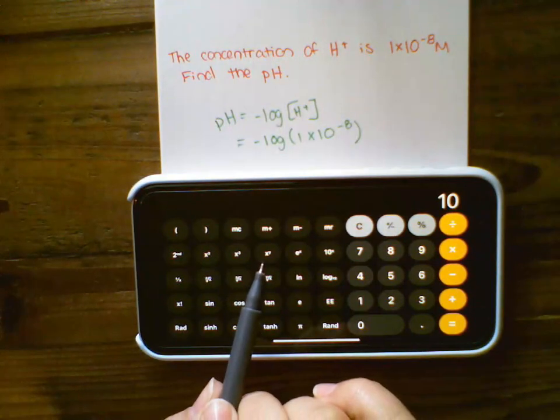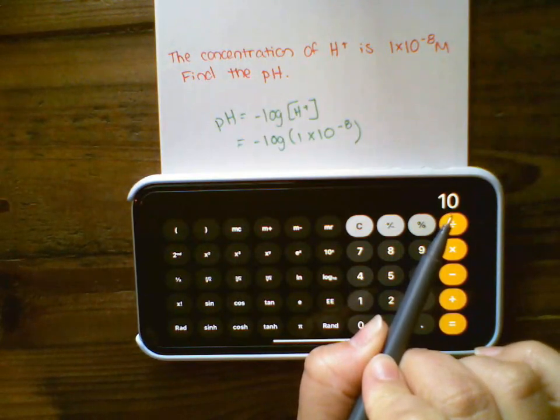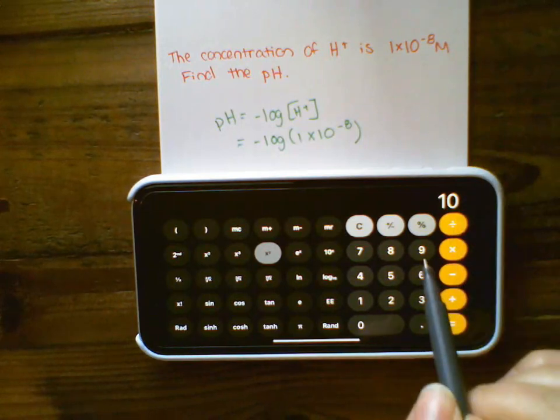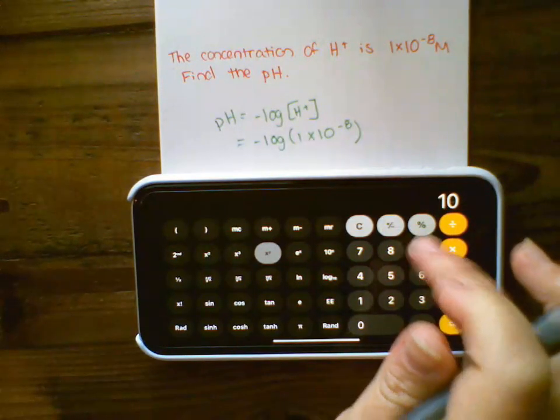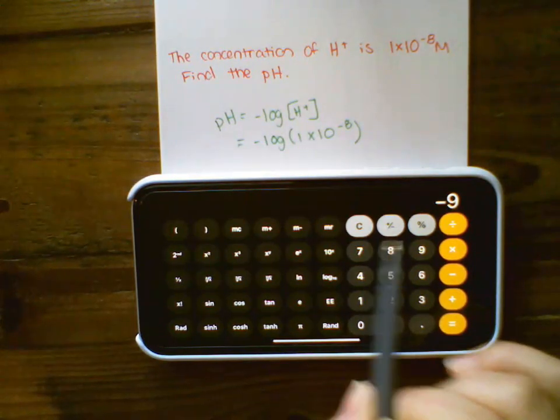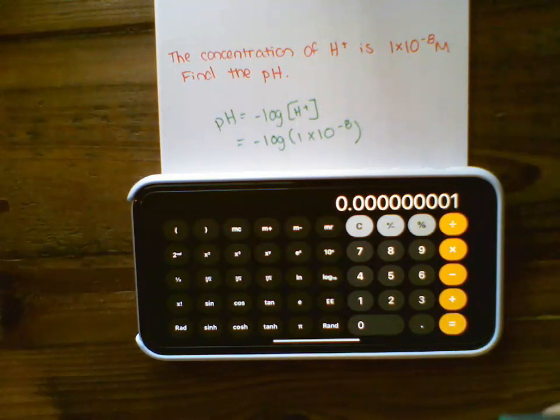And then there's this x to the y button that says we're going to take this number and raise it to an exponent. So we want to do x to the y, and then the exponent that we want to raise it to is a negative 9. So I typed in the 9, and then this plus minus sign up here to make it a negative 9. At that point, I hit enter.